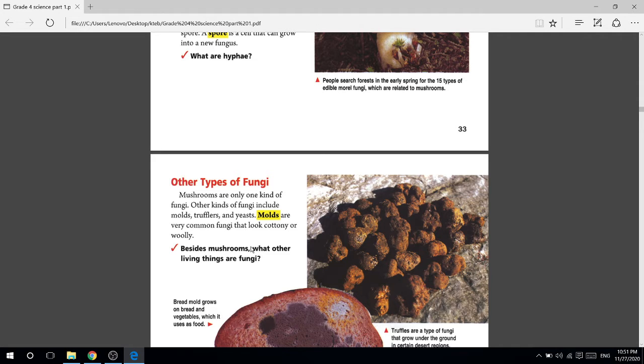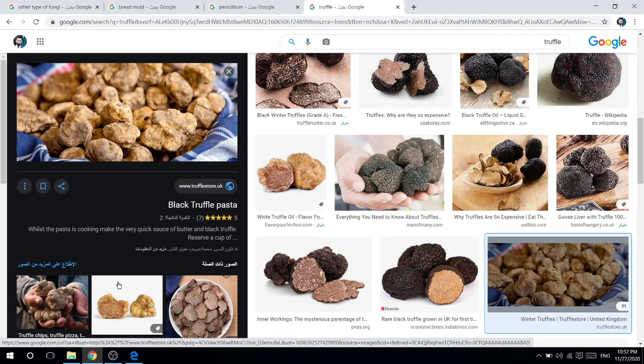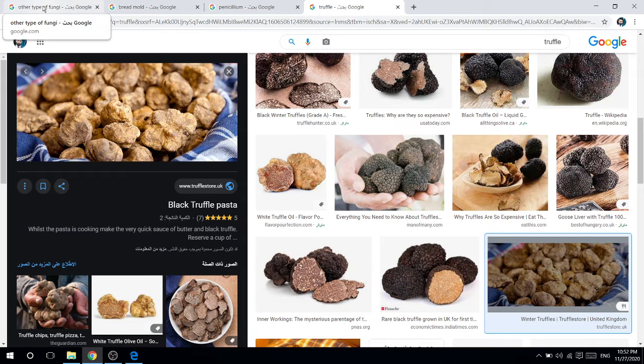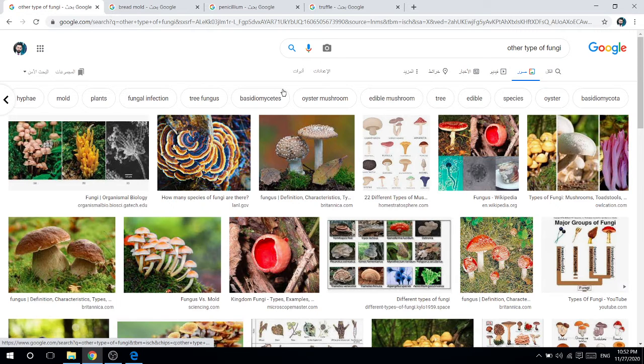Besides mushrooms, what other living things are fungi? I told you, for example, molds, truffles and yeasts are other types of fungi. Okay students, look at that. For example, this one, as I told you, is a kind of fungi.